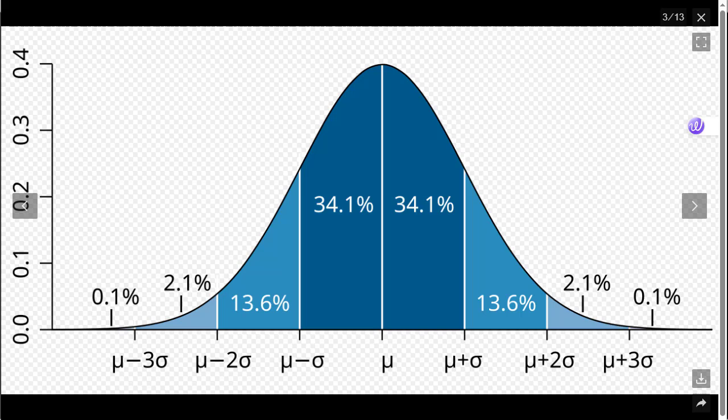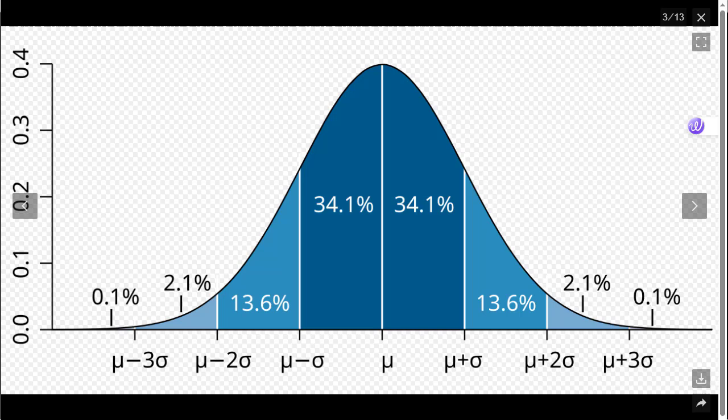So 68% of the time, in simple English, the numbers are going to be inside this area. About 96% of the time, they are going to be within plus or minus 2 standard deviations away from the mean. And 99% between minus 3 and plus 3 standard deviations away from the mean.